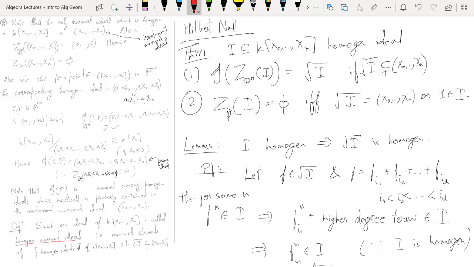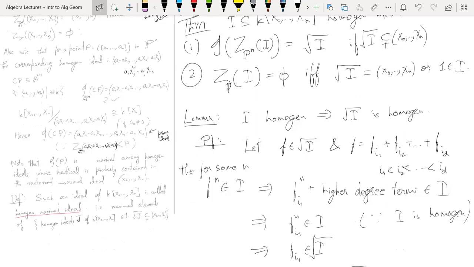Then one has to take the convention, and I don't know, one has to figure out what the convention is for the ideal of the empty set in the projective setup. So one should take the whole ring. So it's better to have this.